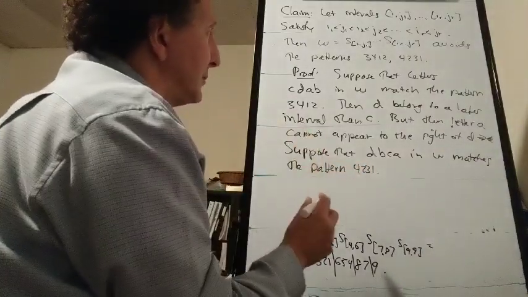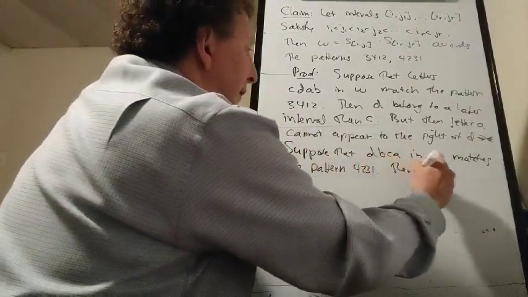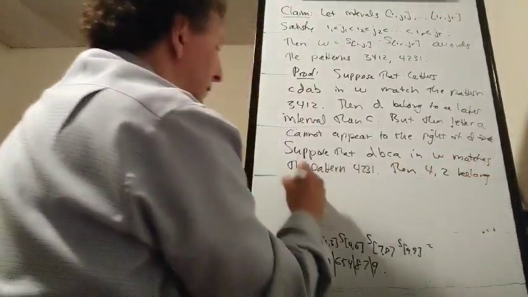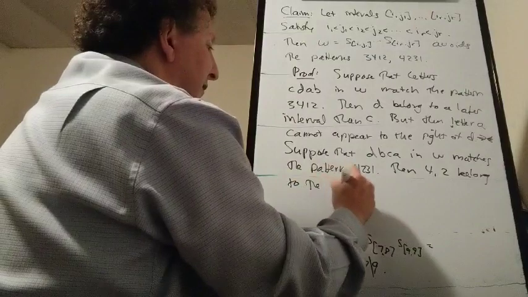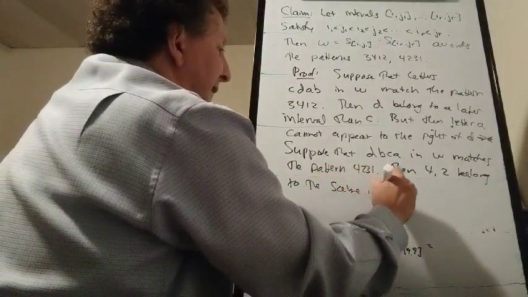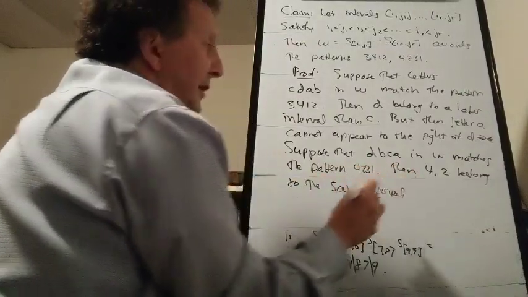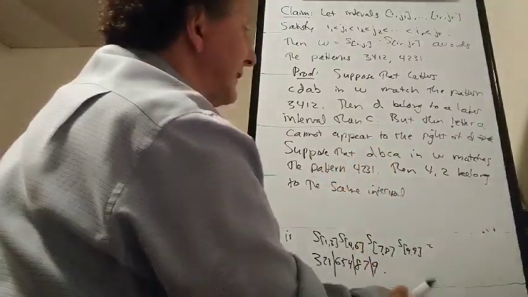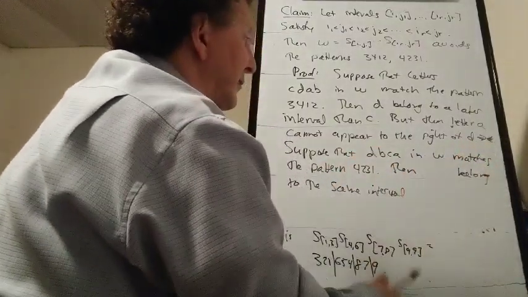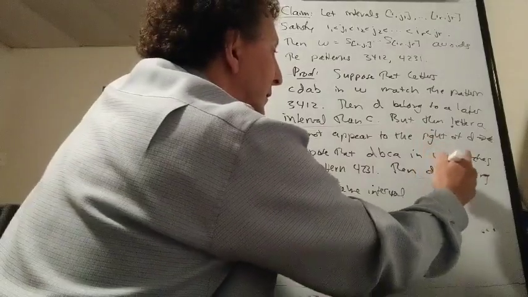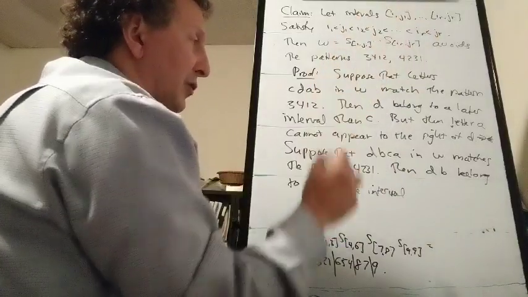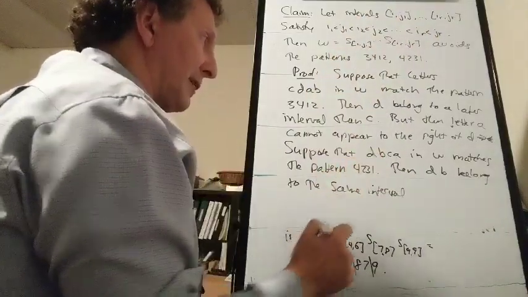In fact, they have to. So D and B belong to the same interval, because after the interval containing D ends, all the letters are greater. We won't have a smaller letter left.